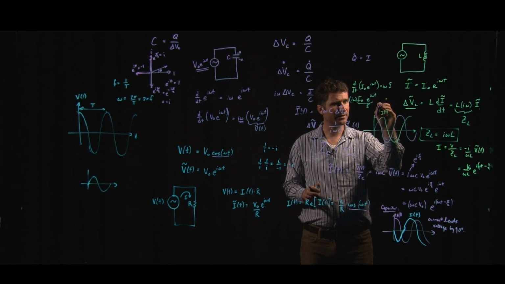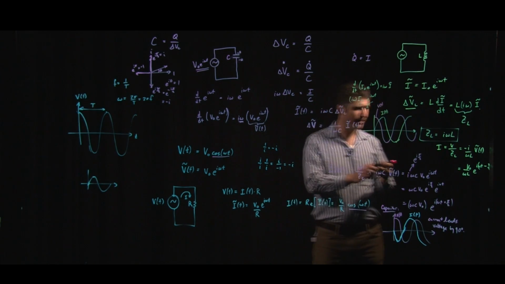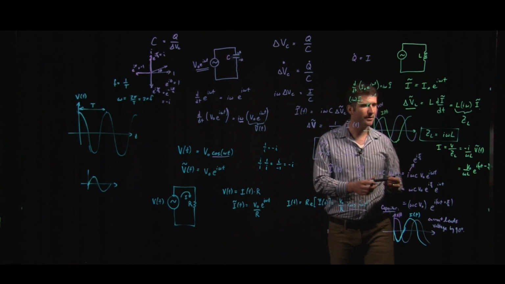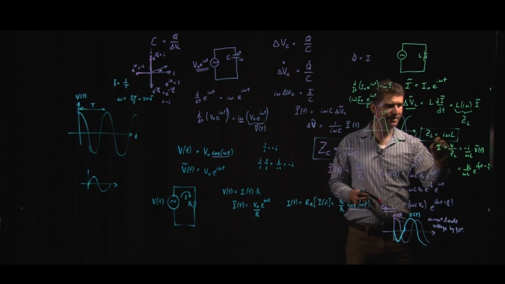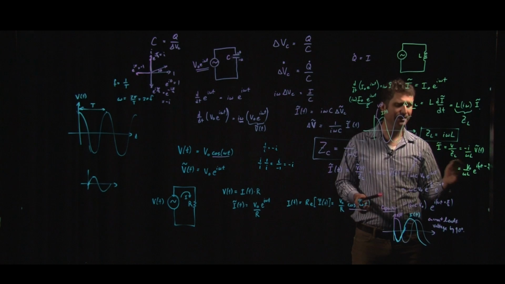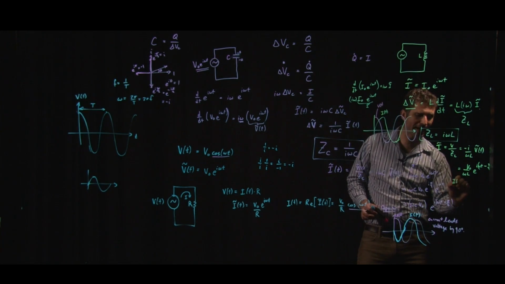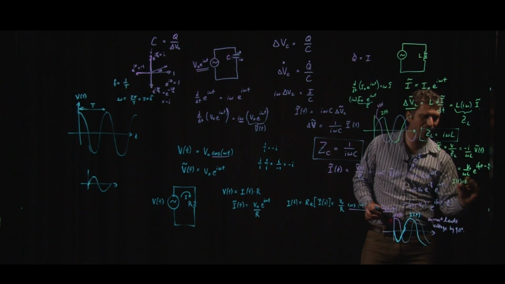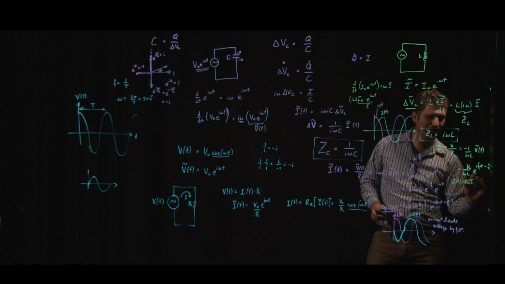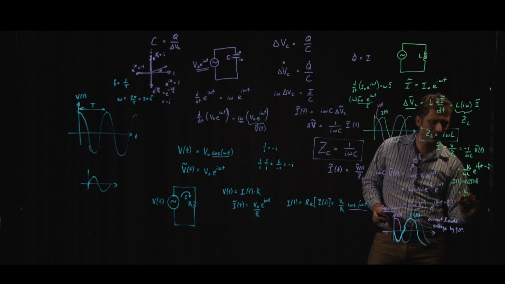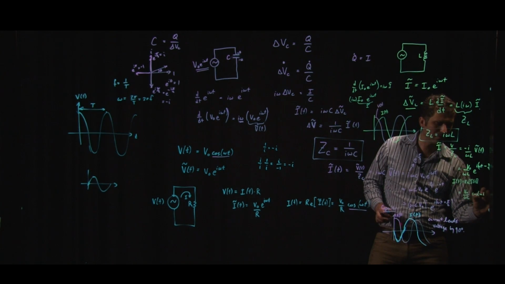So here is my I of t, and here is my V of t. And again, it's pretty straightforward at this point. Yes, this is my complex current, but if I wanted my actual current, I'm just going to take the real part of this I tilde, and I get V naught over omega L times the cosine of omega t minus pi over 2.